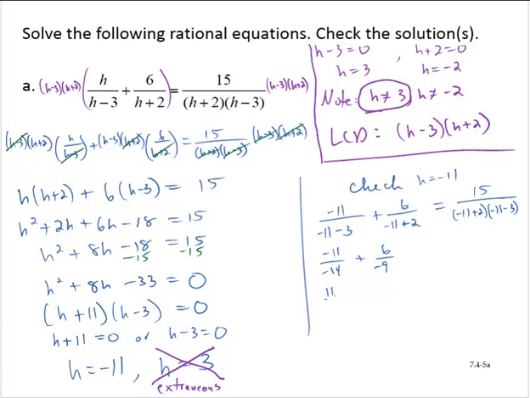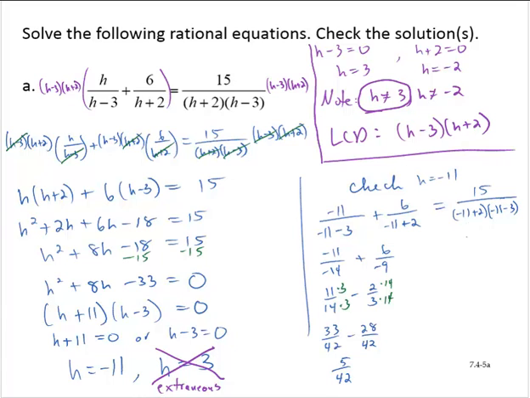So that's 11/14, and I'm going to reduce 6/9 to 2/3, so 11/14 minus 2/3. We need an LCD for 14 and 3, which is 42. So I'll multiply the first term by 3 and the second term by 14. And so that's 33 over 42 minus 28 over 42, and so that's 5 over 42.